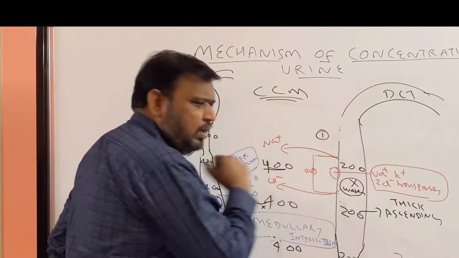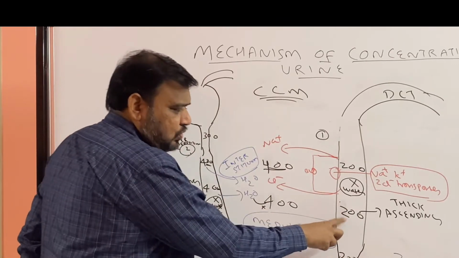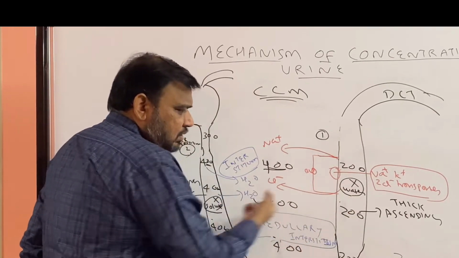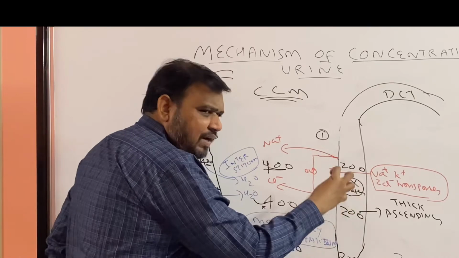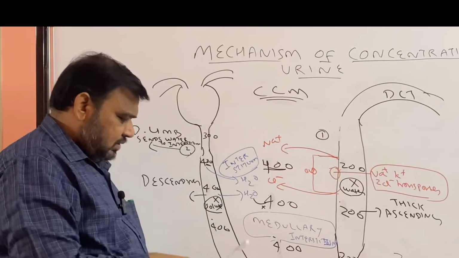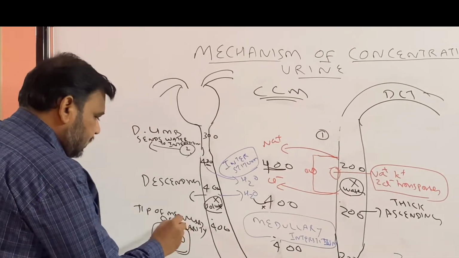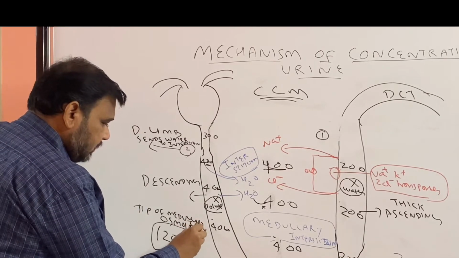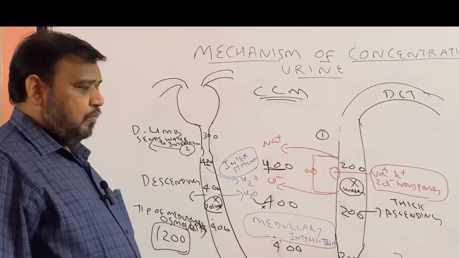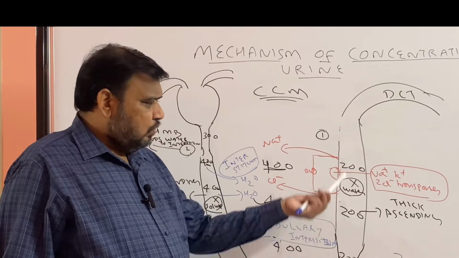Now this is 200 only. See here, just listen. Here it is 200. The osmolarity is very low here. So how to take up the sodium and chloride? Because I want 1200, which is the maximum. Note it down. I want the medullary interstitial osmolarity to be 1200. But now listen here, 200, 200.